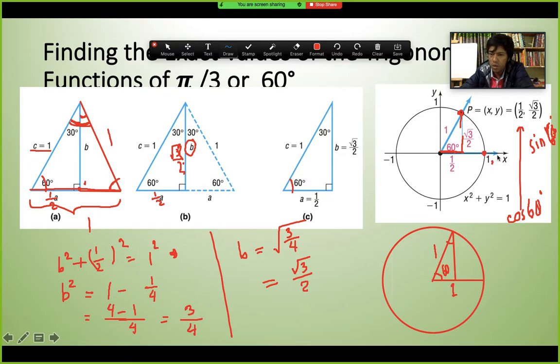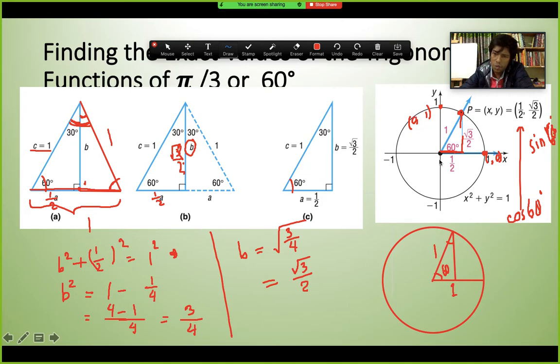So this is 1, 0, right? 1, 0. And on the unit circle, what is the coordinate of this point? This point's coordinate is 0, 1. How do we know that it is 0, 1? Because the radius of the circle is 1. So we know that the height will be 1 here, because the height is the radius now.